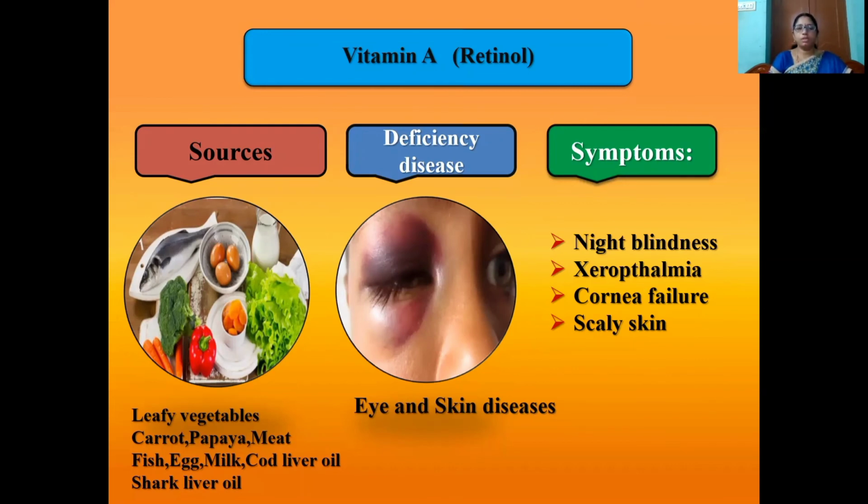The sources of this vitamin: leafy vegetables, carrot, papaya, meat, fish, egg, milk, cod liver oil, shark liver oil. The deficiency of this vitamin leads to eye and skin diseases. The symptoms of this disease: night blindness, xerophthalmia, cornea failure, and scaly skin.